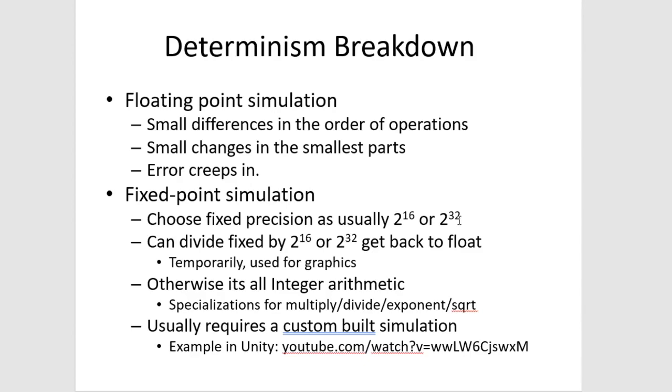We multiply our floating point value and then turn it into an integer, truncating any part after we multiply it by some large value. We keep that number, and we do all of our math with that fixed point number, with that large integer that represents a much smaller floating point value.